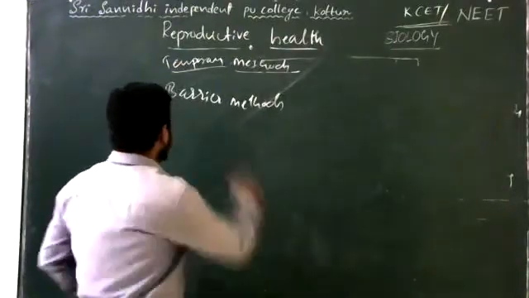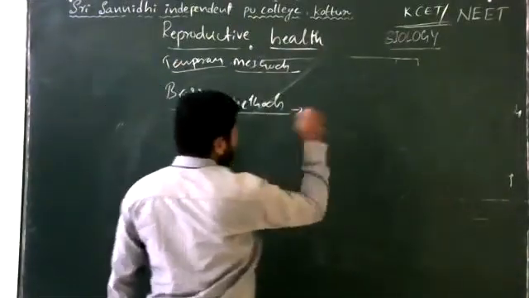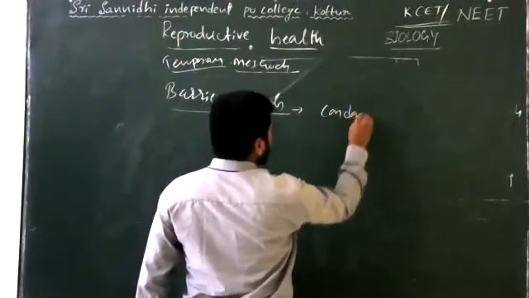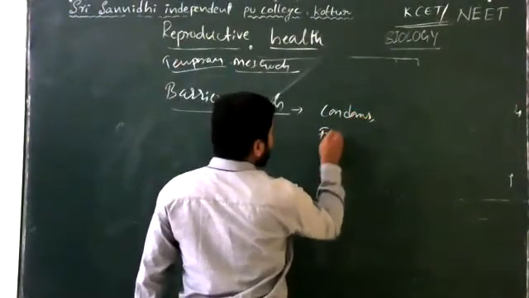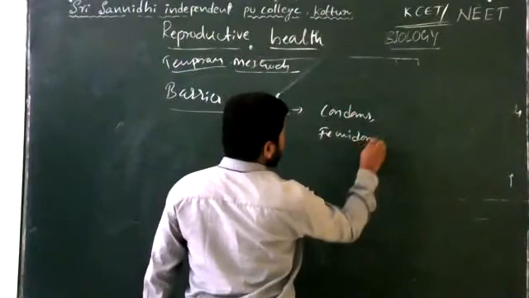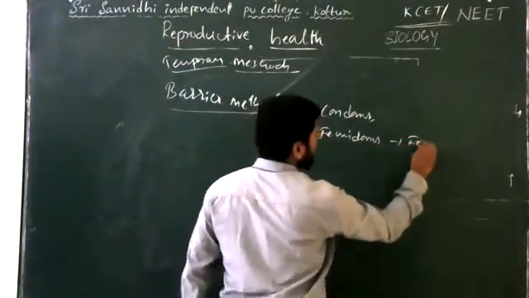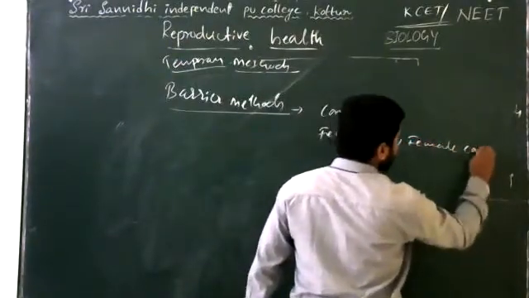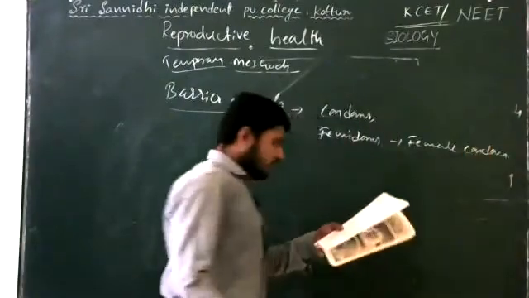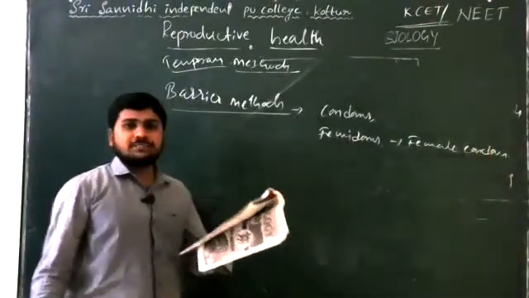With respect to barrier methods like condoms, and femidoms, female condoms, these are the most popular contraceptive methods.